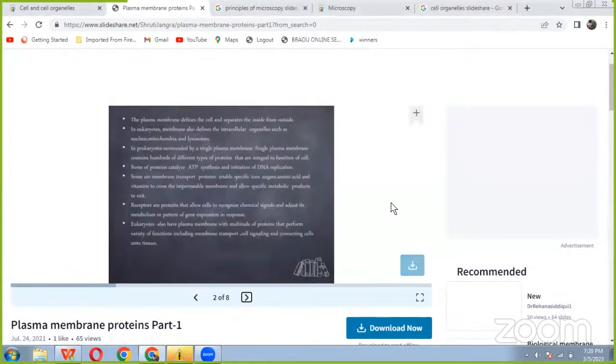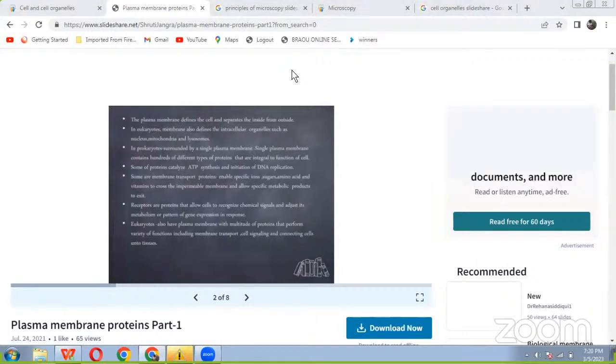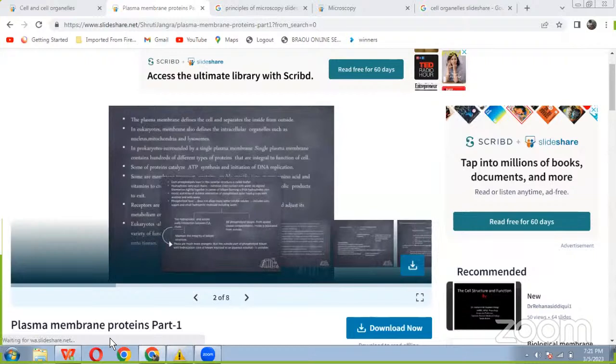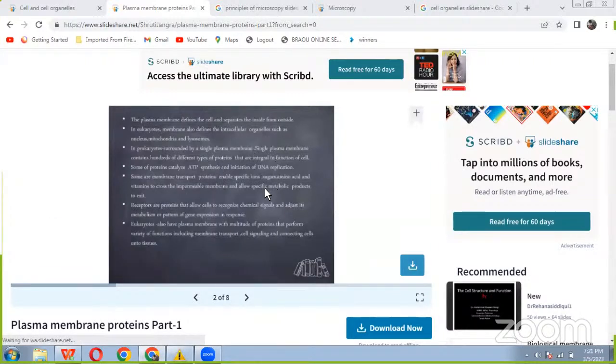Membranes separate the inside of the cell from the outside. In eukaryotes, membranes also separate the intracellular organelles such as the nucleus, mitochondria, and lysosome. Some proteins of all cells recognize chemical signals and adjust the metabolism and the pattern of gene expression in response. Some eukaryotes also have a plasma membrane that performs a variety of functions, including membrane transport and signaling, connecting the cell membranes.